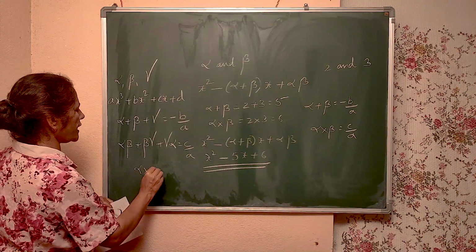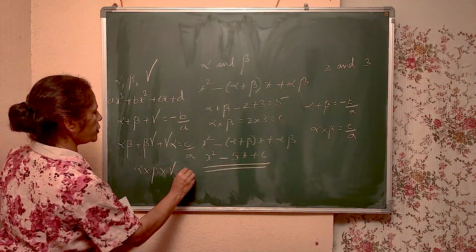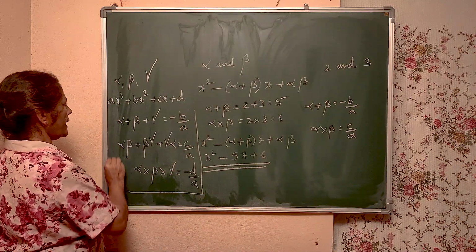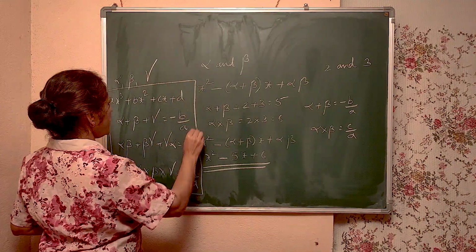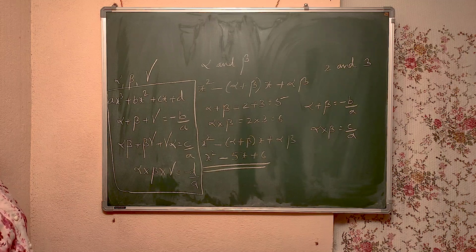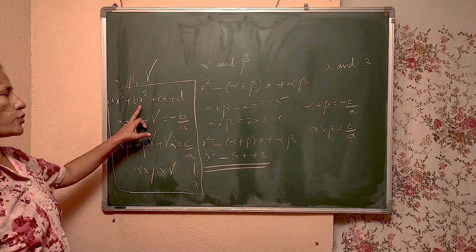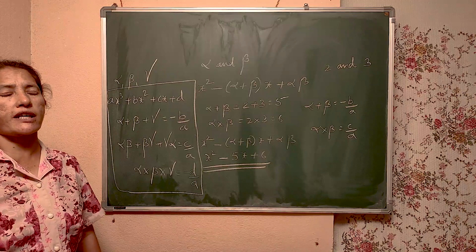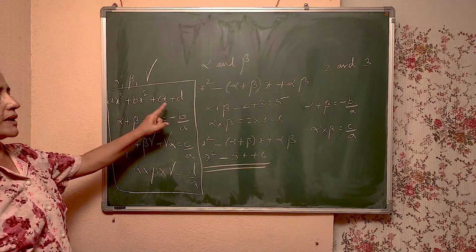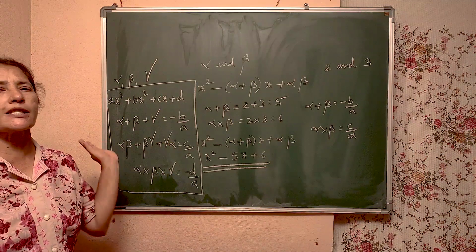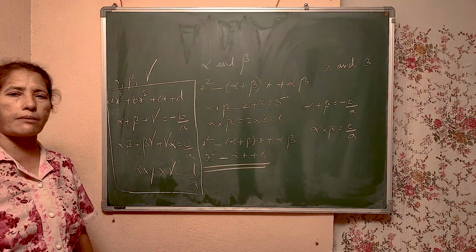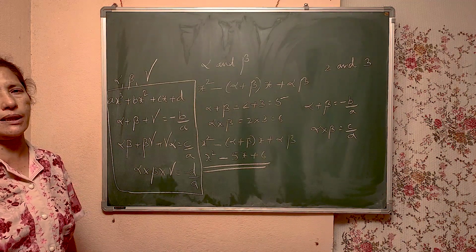Alpha into beta into gamma is equal to minus d by a. These are the three formulae related to this. What is the general form of the cubic polynomial? ax³ + bx² + cx + d, where a is not equal to 0, a, b, c, d are real numbers, x is a variable.